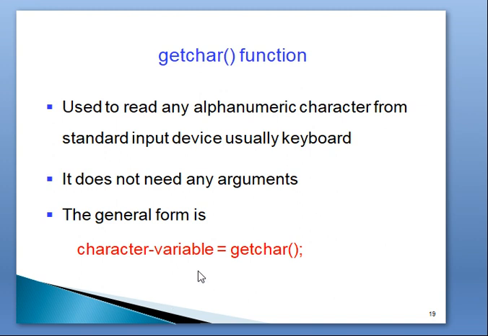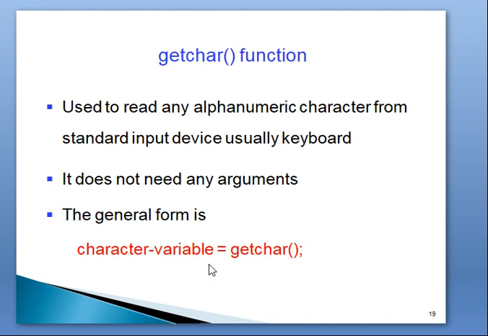All of you know the assignment operator functionality. The assignment operator evaluates the right hand side expression, and the resultant value is stored in the left hand side variable. Here, on the right hand side of the assignment operator, the getchar function is there.